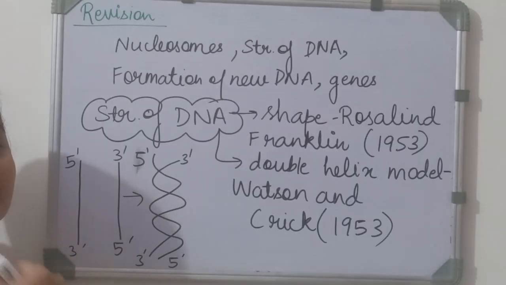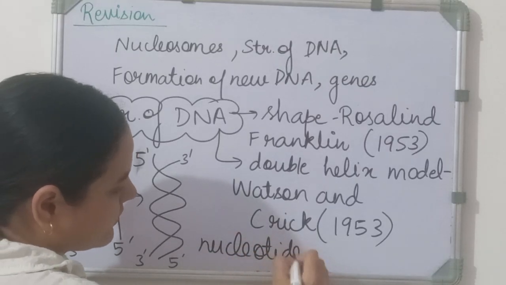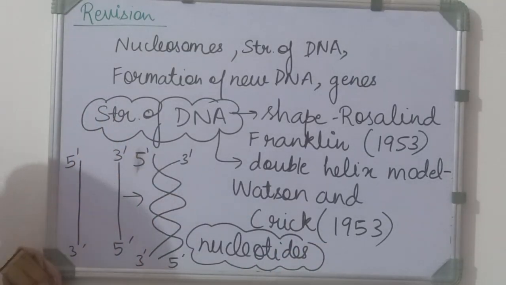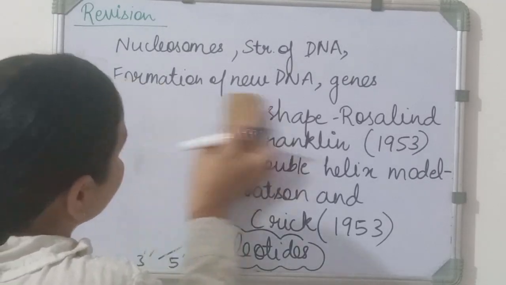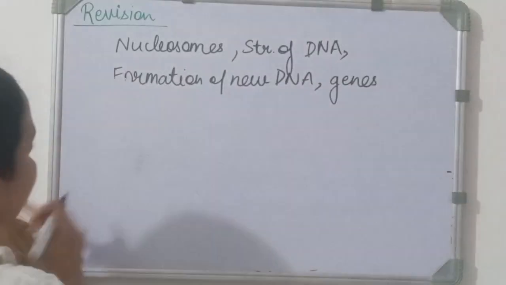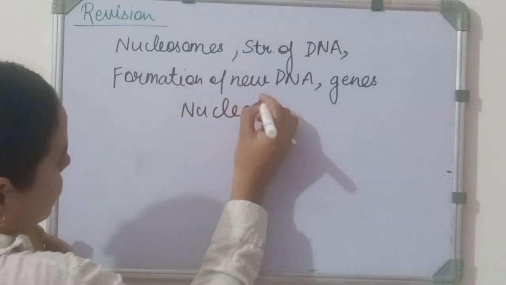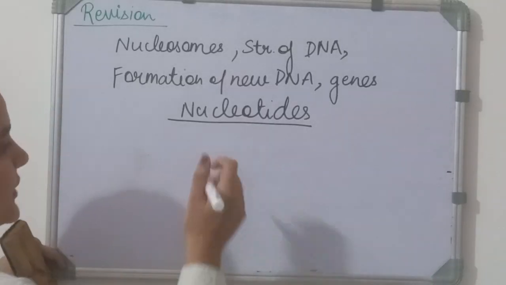Second point you need to note is that each strand consists of repeating units called nucleotides. This is very important. Let's revise nucleotides also. Nucleotides consist of three components.